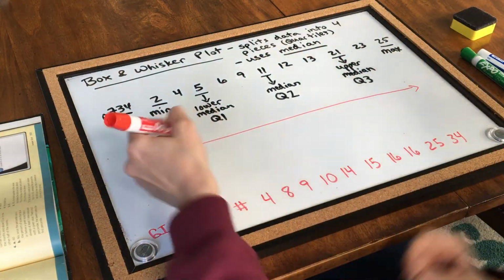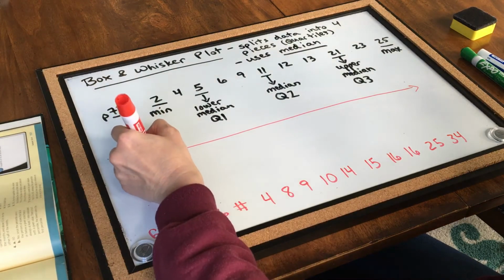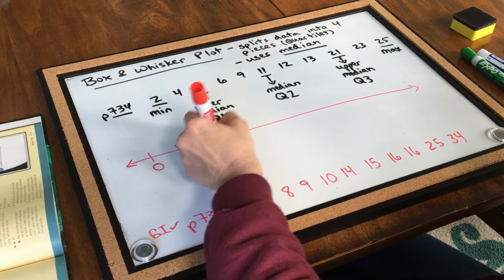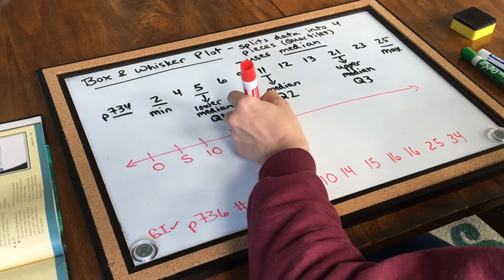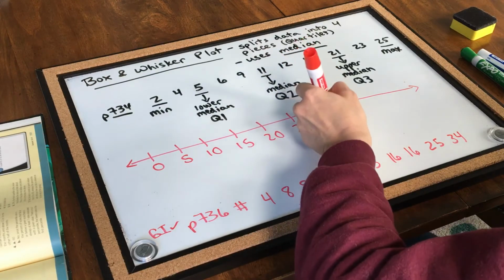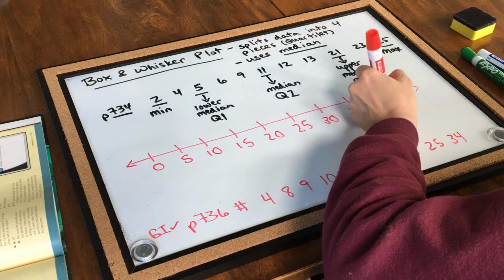So as I look at this, going up to 34, maybe I'm going to go up by 5s here. So I'll go 0, 5, 10, 15, 20, 25, 30, 35, and what the heck, we'll put a 40 in here.